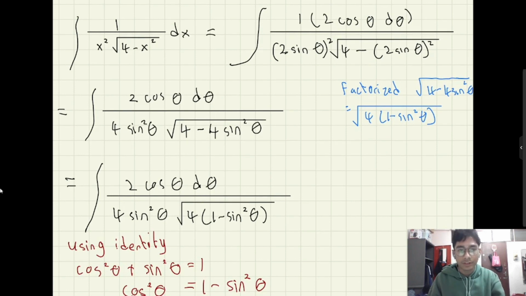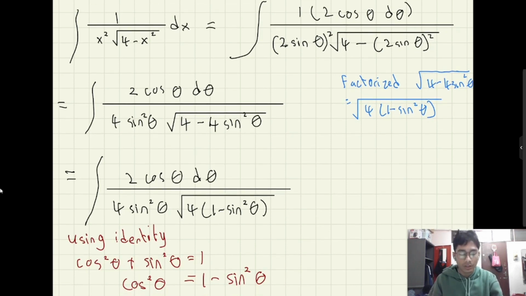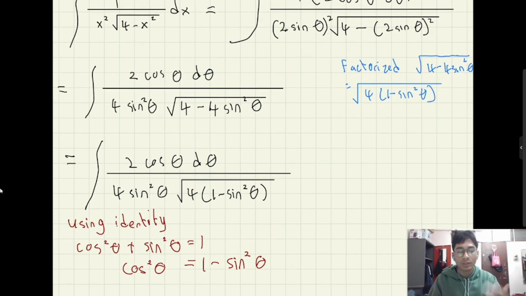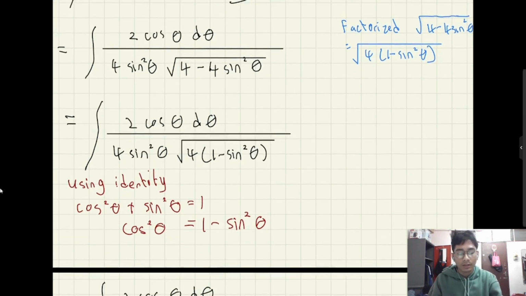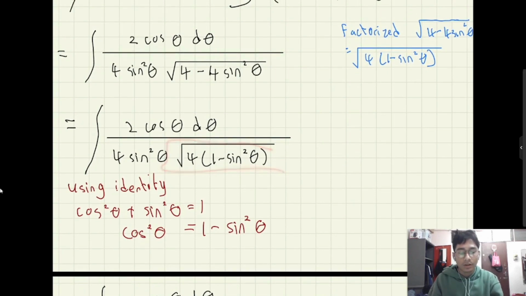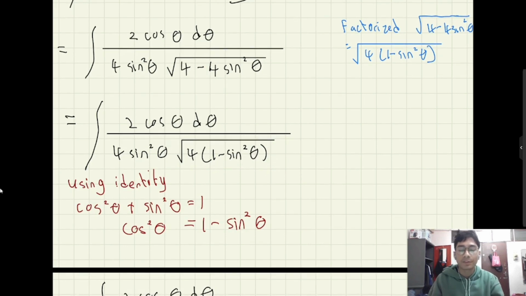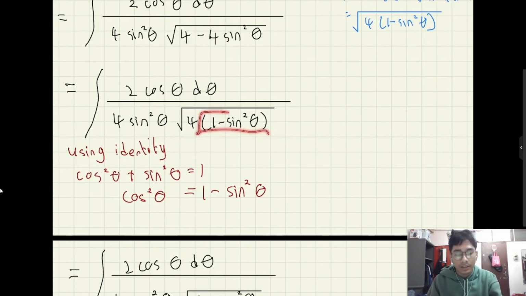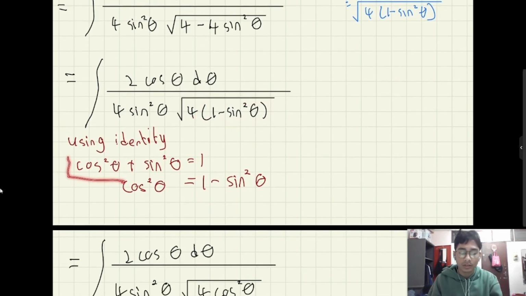The next step for this equation is we factorize this expression, the power expression, and then we get square root 4 times 1 minus sin square theta. In the previous chapter, we know that we can use this as an identity formula, which is cos square theta plus sin square theta equal to 1.